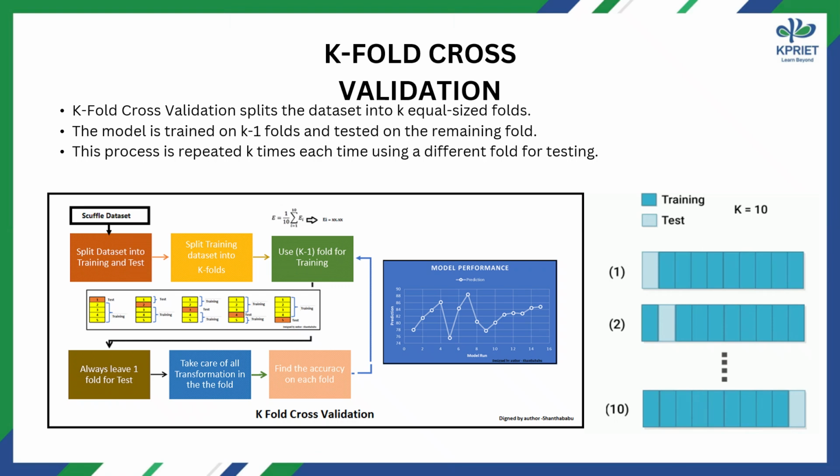This is the block diagram of k-fold cross-validation. Shuffle the data set, and split it into training and testing sets. Split the training data set into k folds, use k minus 1 for training, and always leave one fold for testing, take care of transformation in the fold, and find the accuracy of each fold.